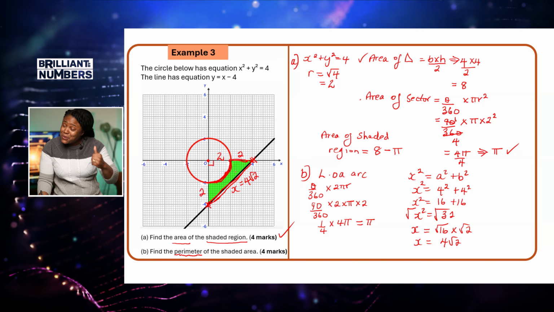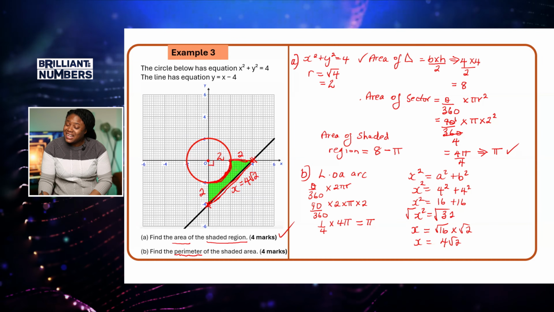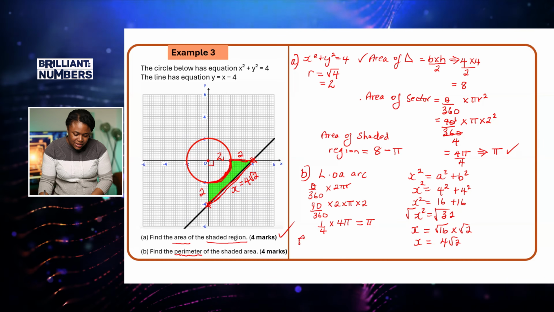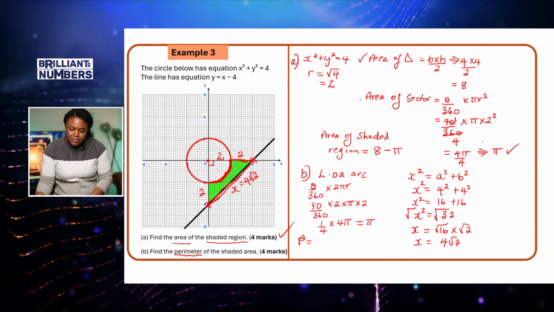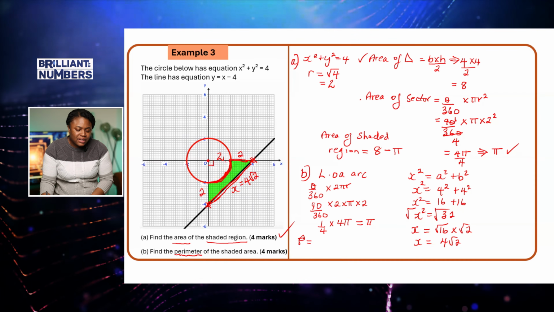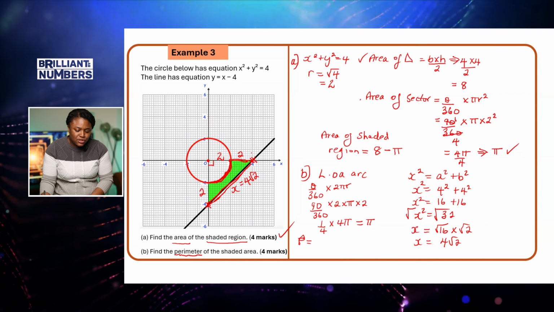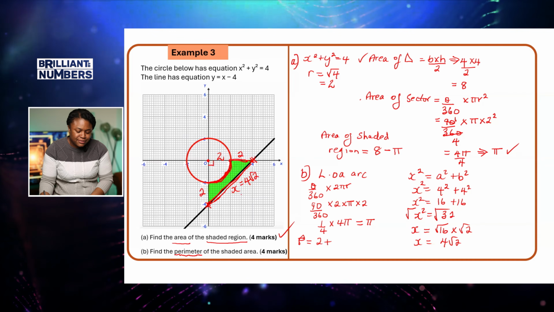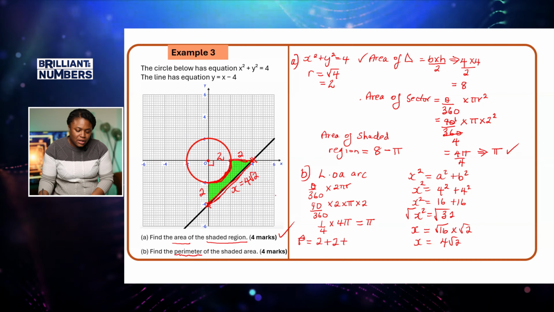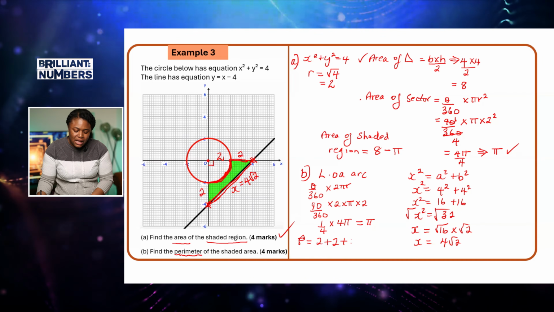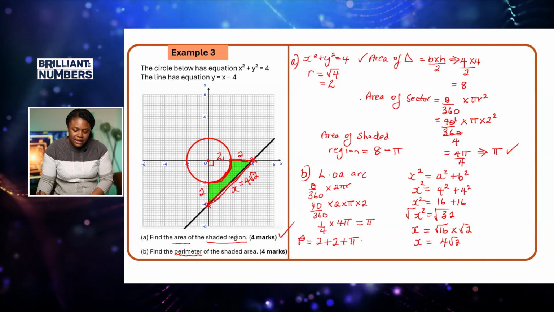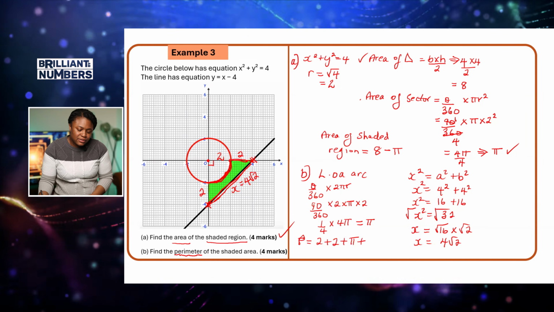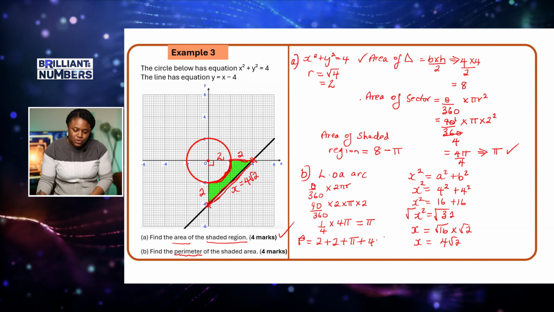Now that I've done all that work, all I need to do is to add all my parts together. So let's write. Perimeter is equal to, let's get our parts together now. We had written this down here, so that's 2 for that side, plus another 2 for this side, plus we got the length of the arc just now to be pi, so plus pi, and we had gotten the length of the line here to be 4 root 2.